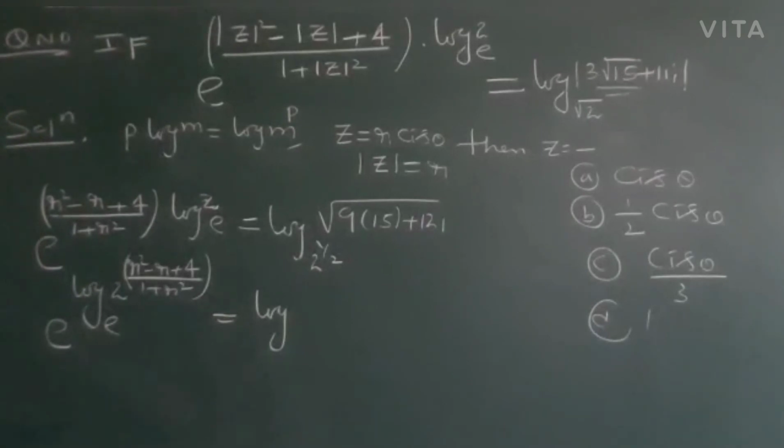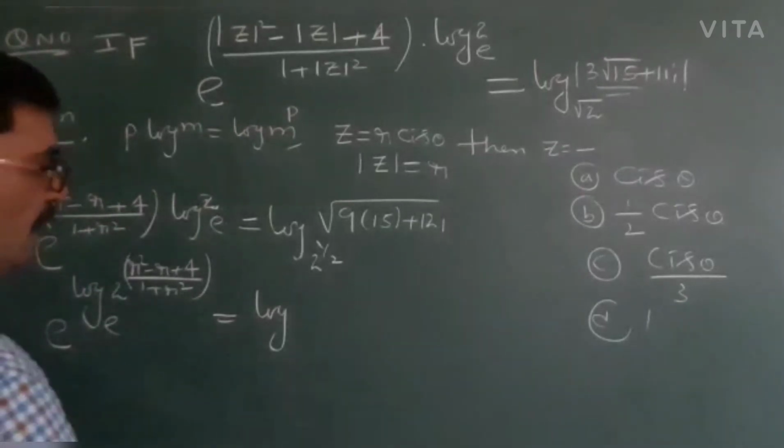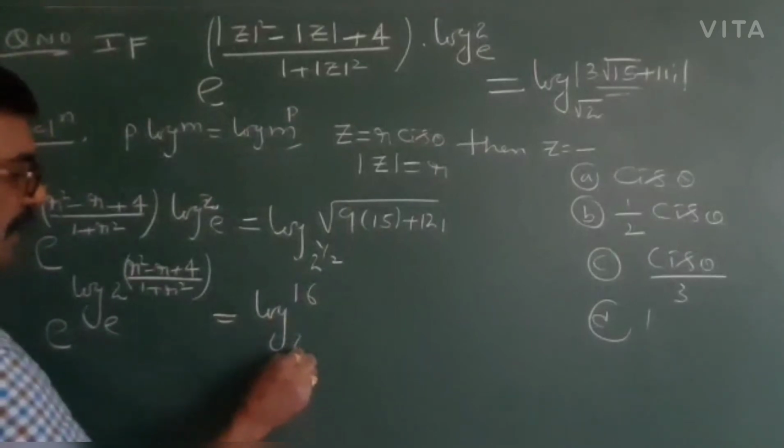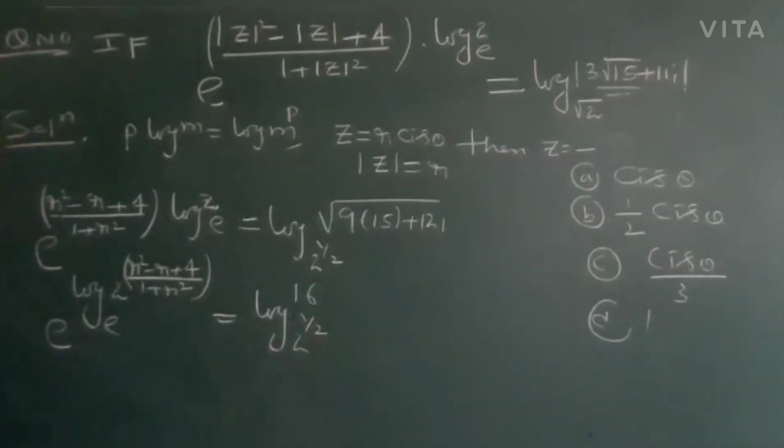After simplification, this leads to the value of 16, that is 2 power 1 by 2 into 16 inside. So e power log x base e is nothing but x, and this becomes 2 power (r square minus r plus 4) by (1 plus r square).